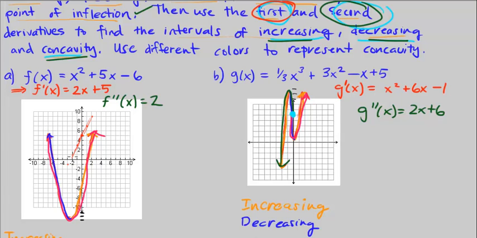So this is the graph of f prime of x, right? It kind of got sloppy down here, but you can see basically. This is the graph of f prime of x.